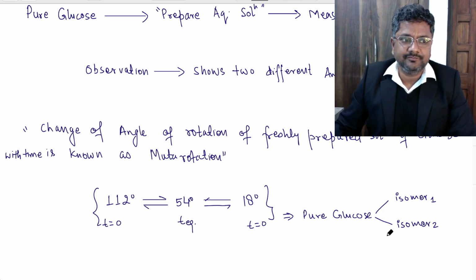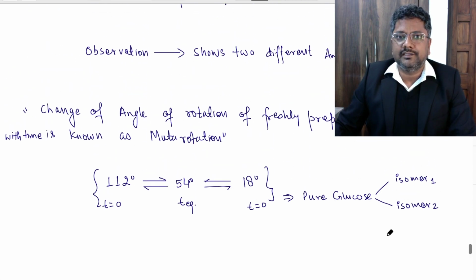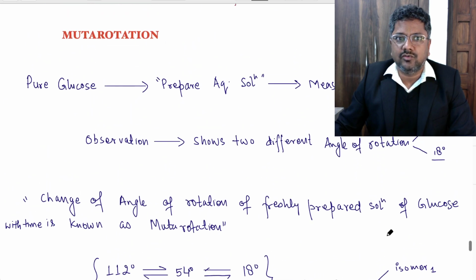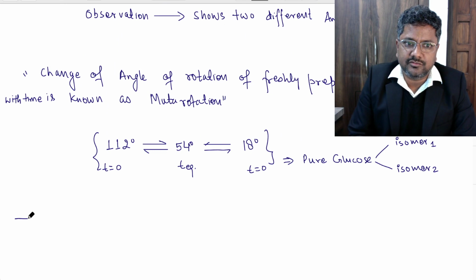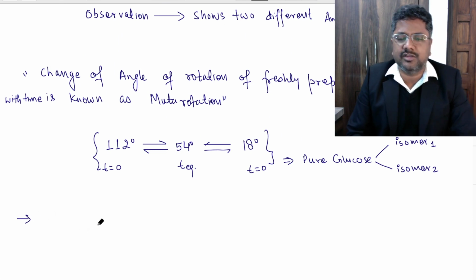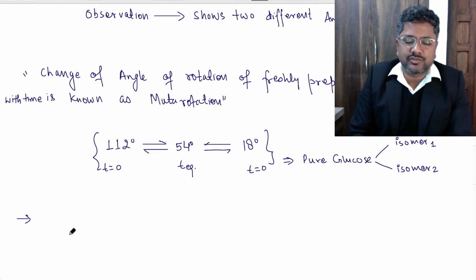Now let's see, mutarotation is also a property of reducing sugars. Later on it is observed that all reducing sugars show this property.